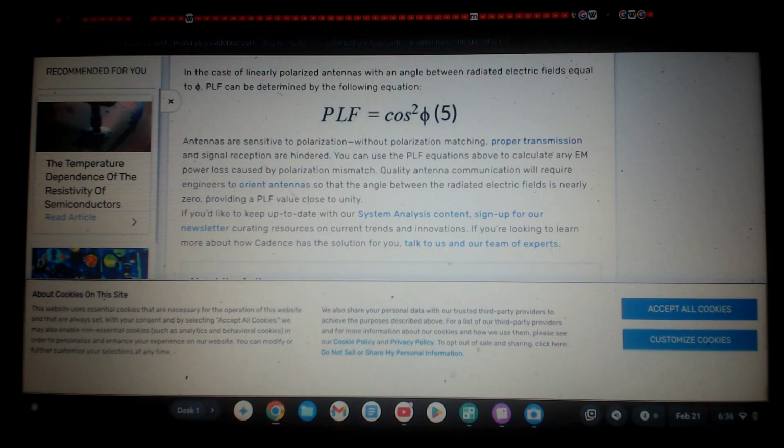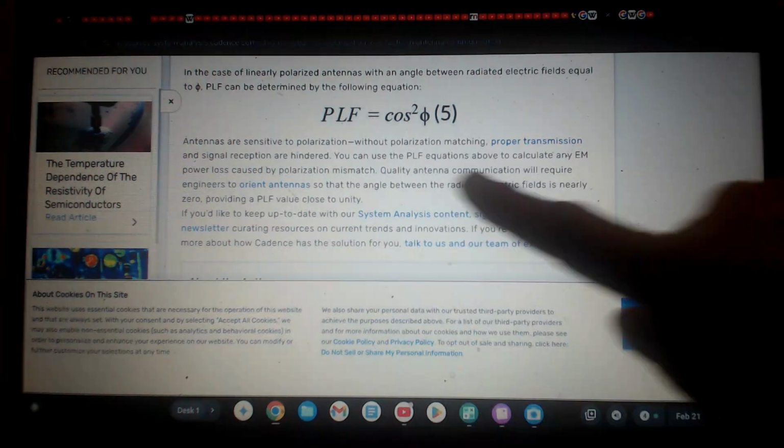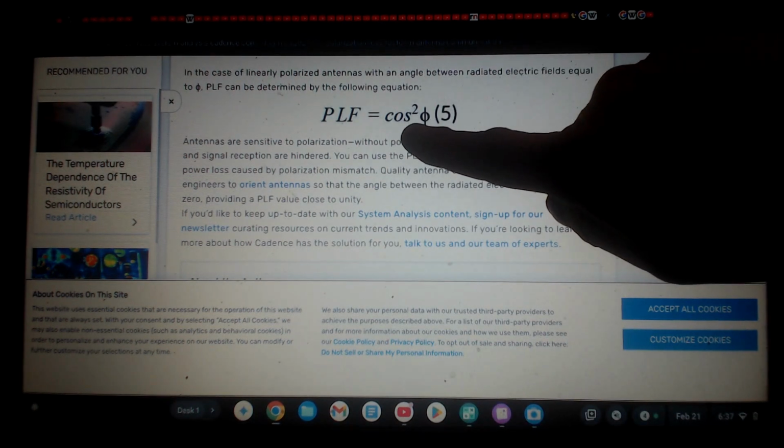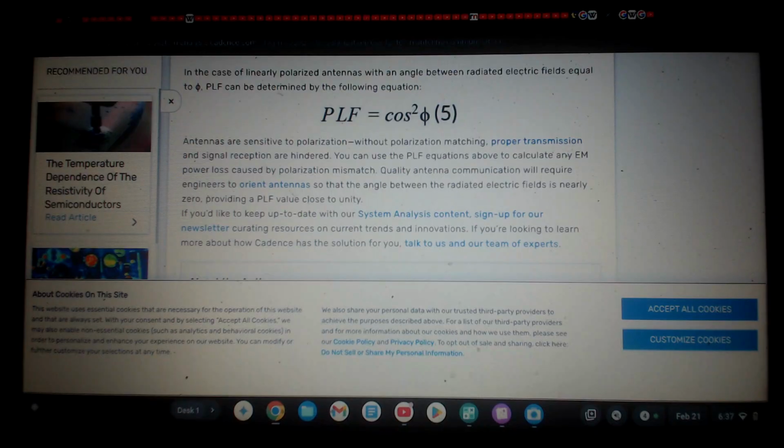Quality antenna communication will require engineers to orient the antennas so that the angle between the radiated electric fields is nearly zero, just like we do with our polarizers, because that's what two antennas are. They're polarizers. And you have 100%. The more the cosine angle grows, the intensity of that radio wave and photons is not going to be good.